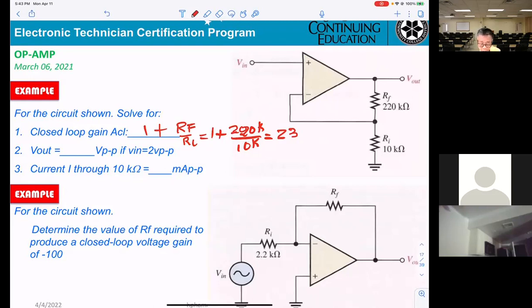V in equal to 1 peak to peak. They're telling you, 23 times 2.